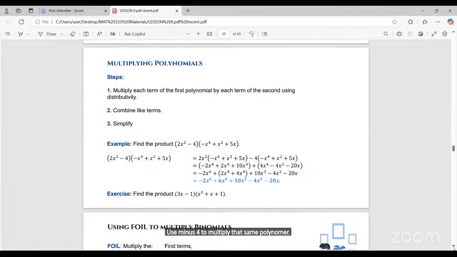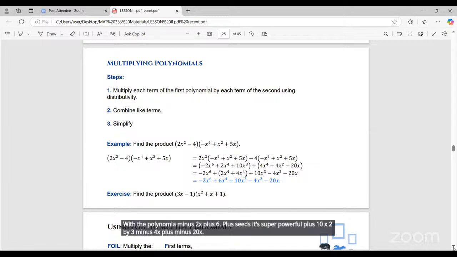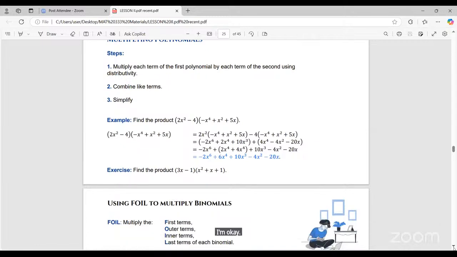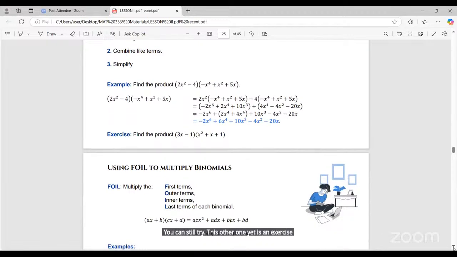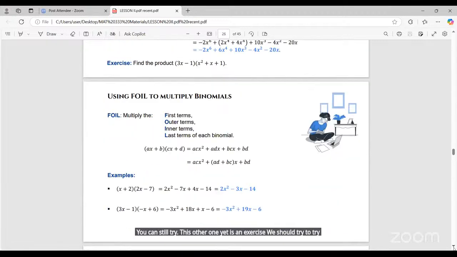Then you simplify. We will get the polynomial minus 2x to the power 6 plus 6x to the power 4 plus 10x to the power 3 minus 4x squared minus 20x. There's an exercise here which you can try on your own.